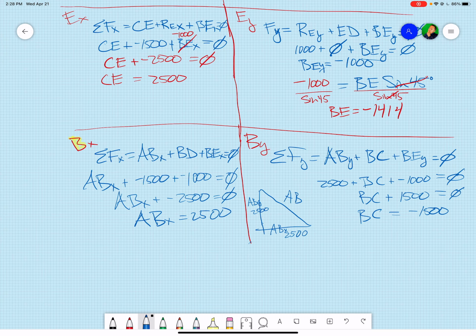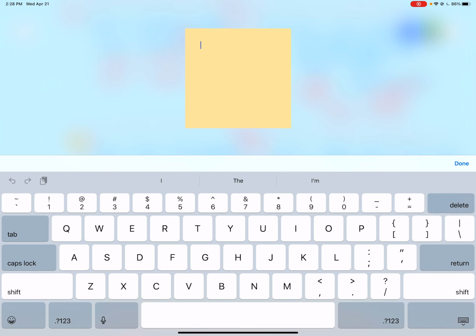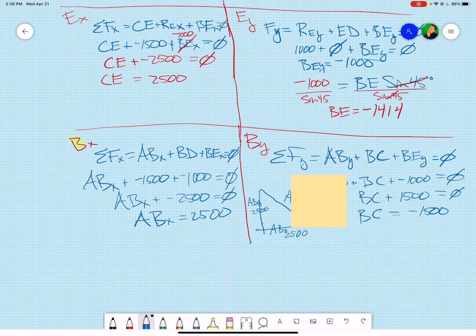So I go 2,500 squared plus 2,500 squared is equal to AB squared.